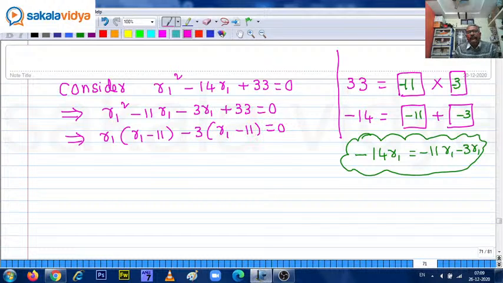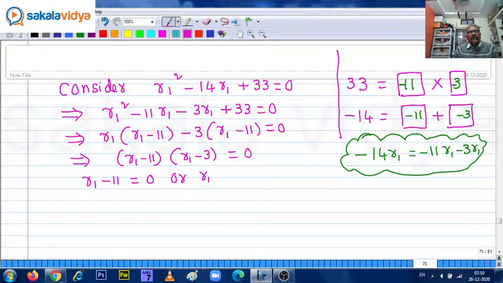Then R1 minus 11 times R1 minus 3 equals 0. So R1 minus 11 equals 0 or R1 minus 3 equals 0. R1 equals 11 or R1 equals 3.